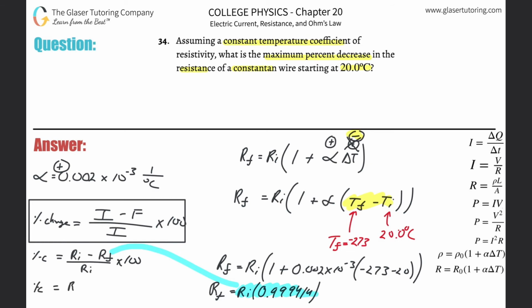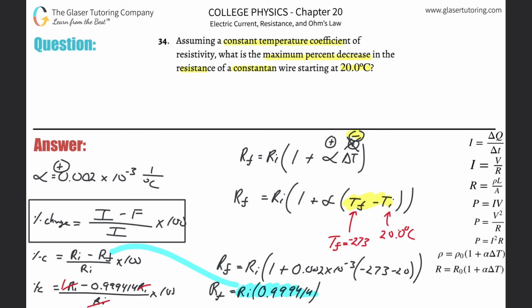So we get RI minus 0.999414 RI, all over RI times 100. Now mathematically we can cancel RI because each factor has it in common. But be careful: this does not become 0, because then this would be undefined and wouldn't make any sense.